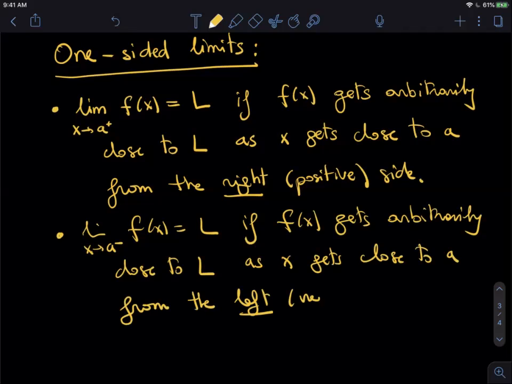And this is the negative side. Again, you can think about this as a equal to 0. You could think of that example and then remember, oh okay, the left are the negatives. So it's a minus.